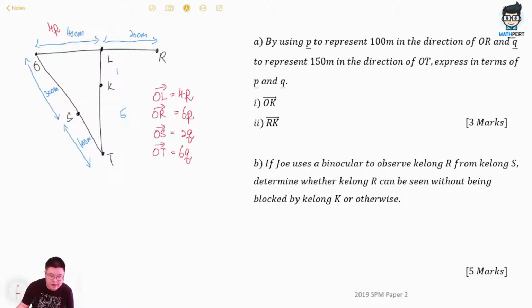Then the ratio part: LK to KT is 1 to 5. What else do we know?